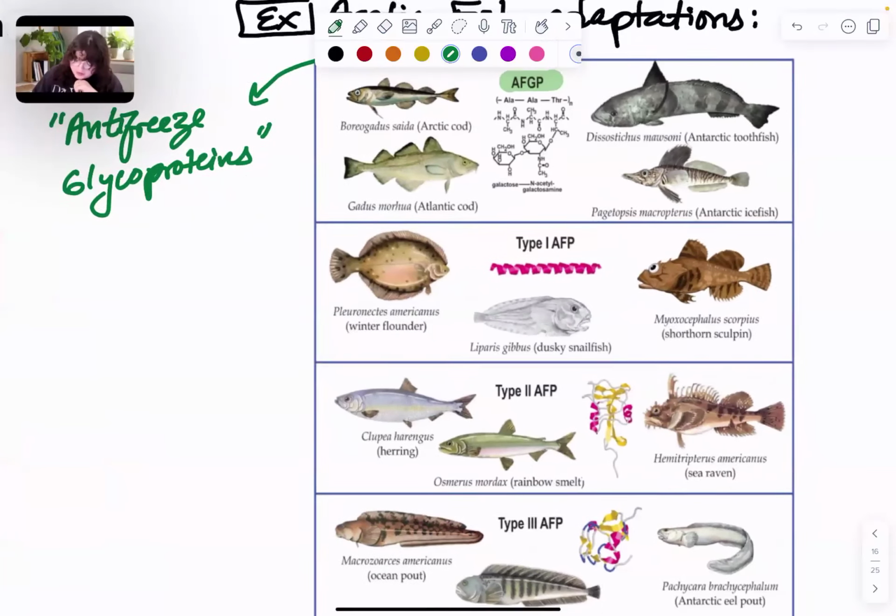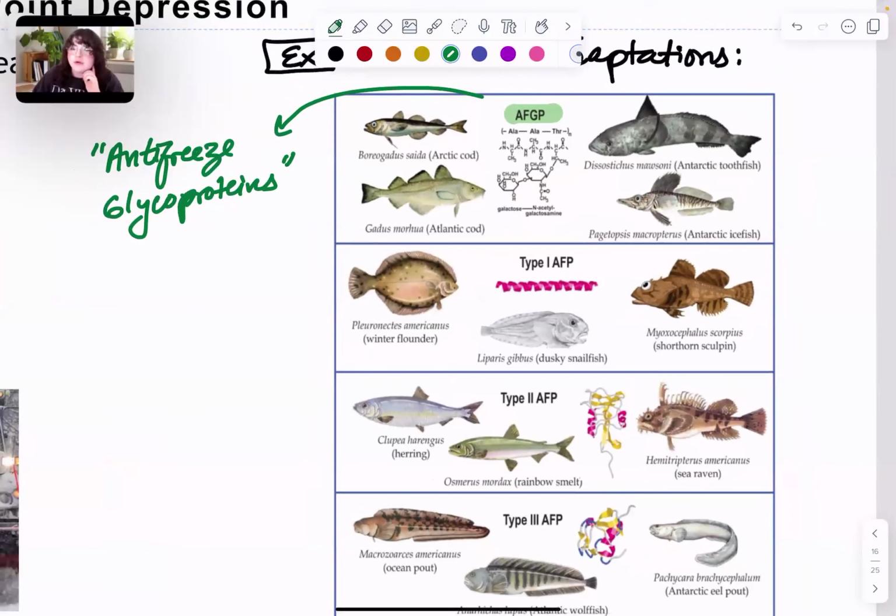So there's a bunch of different variants of these antifreeze glycoproteins. They are found in relatively high concentrations in Arctic fish, and different species of fish. I almost said genus. I'm not a biologist. I'm sorry. Different species of fish will have different structural forms of this antifreeze glycoprotein, depending on whatever was easy for them to adapt into creating, right?